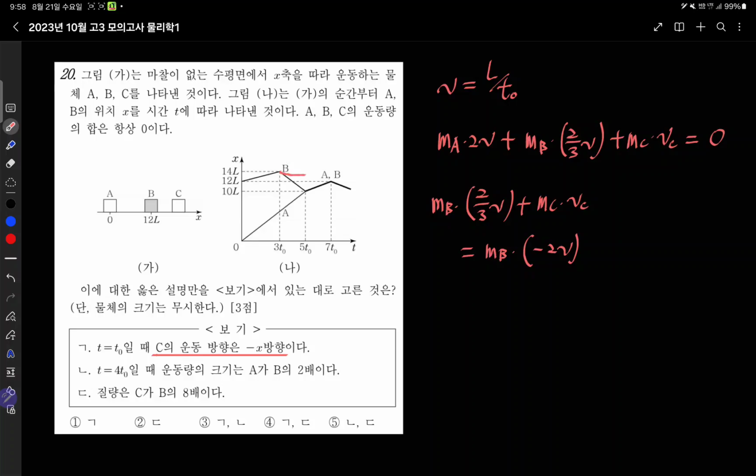So if we connect these 2 points, that makes C's velocity. And that is 2L divided by 4 times t0. So C's velocity after collision is minus half of V.